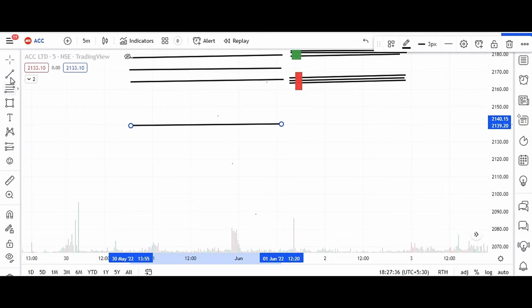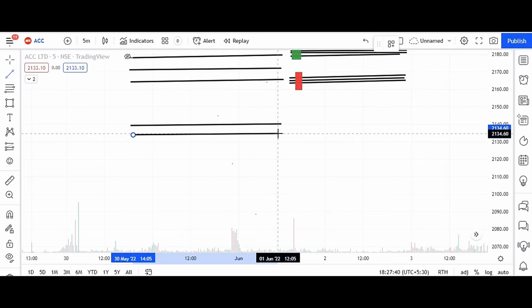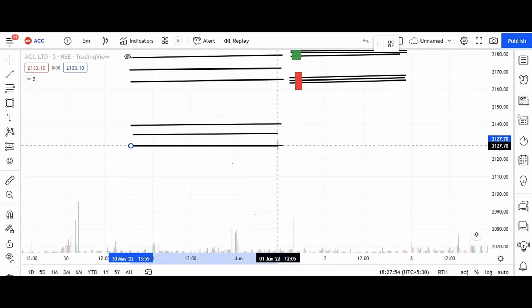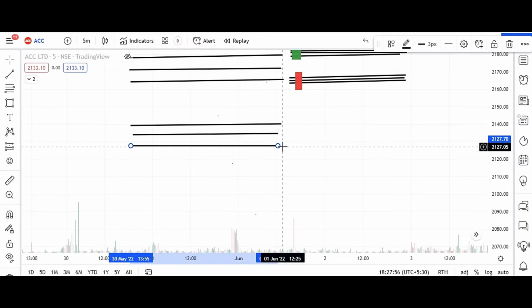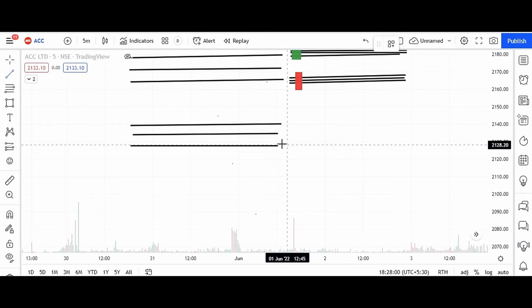This is top central pivot of previous day CPR. This is central pivot. This is bottom central pivot CPR. In this special case 3, it should fulfill the case 2, special case 2.